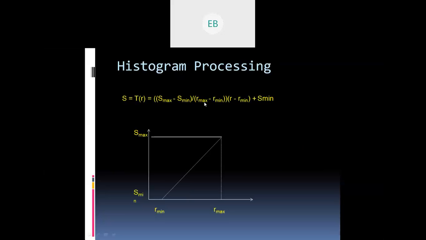Did you take down this equation, guys? Have you all taken it down? Yes? No, ma'am. Yes, ma'am. Okay, one more minute I'll give. Just take it down fast. Don't confuse this. This is S max minus S min by R max minus R min into R minus R minimum plus S minimum.